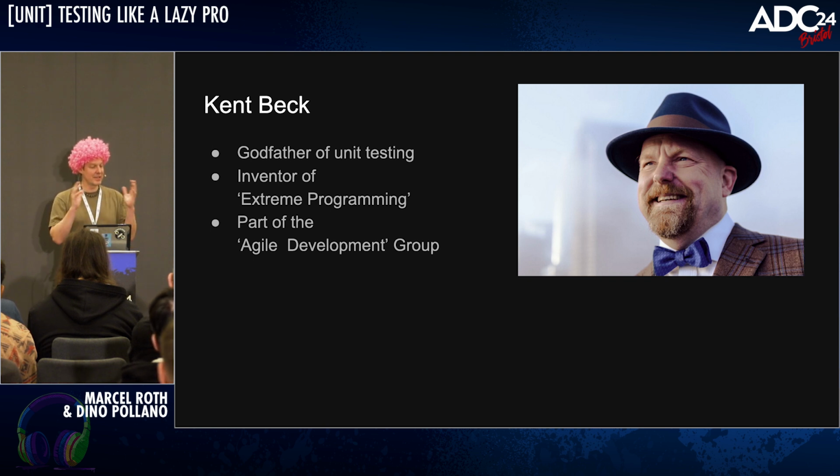And all this is part of the agile development, and there's a group for that, and he's been one of the founders. So all of this goes with all these other agile development concepts that you might have heard of. This is just one of them.